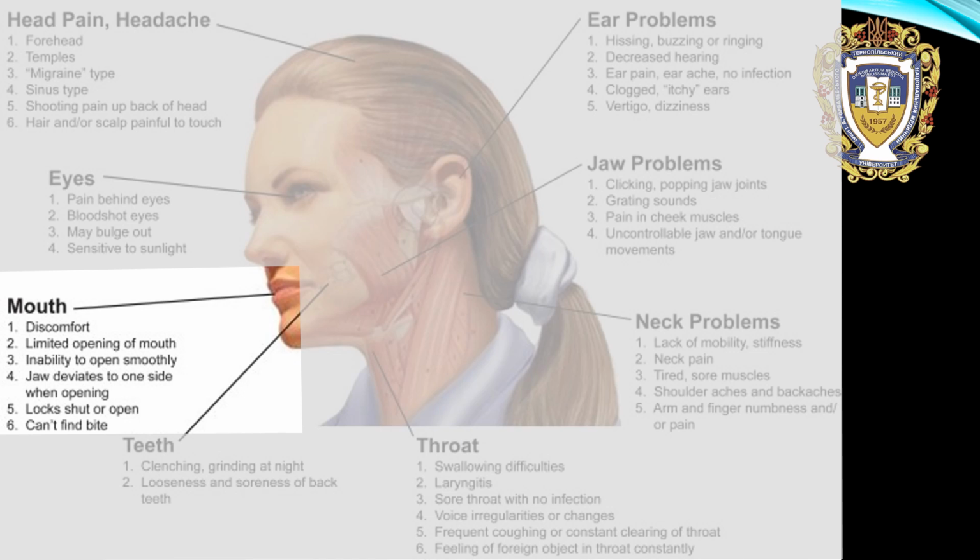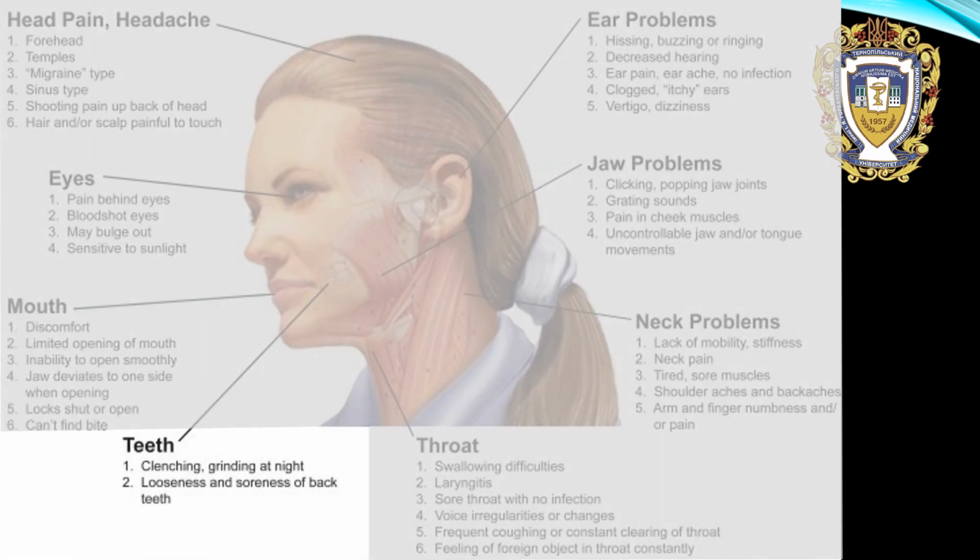Discomfort, limited opening of mouth, inability to open smoothly, jaw deviates to one side when opening, locks shut or open, can't find bite. Teeth, clenching, grinding at night. They are signs of a night bruxism, looseness and soreness of back.